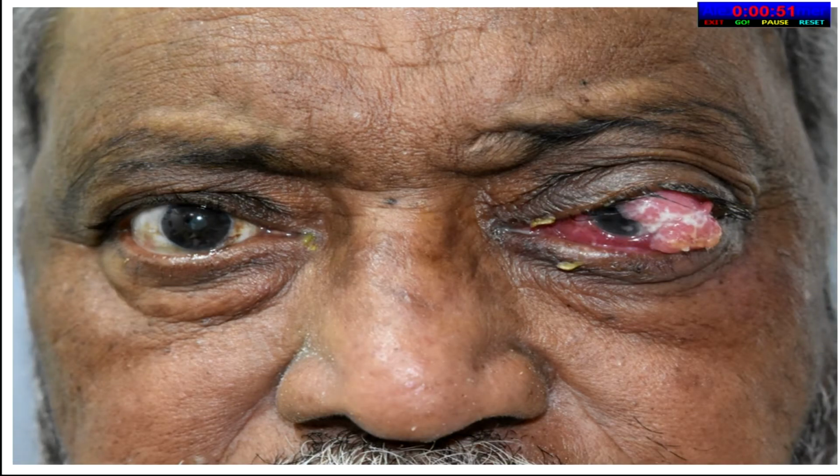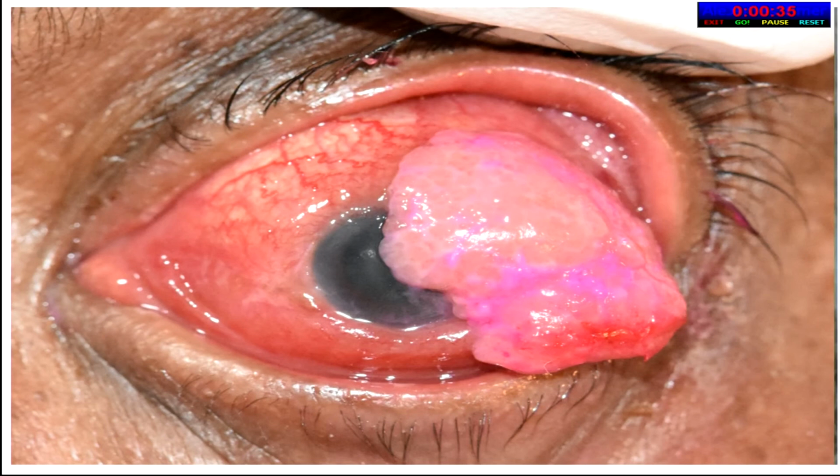We do see larger lesions, and these are most of the kind of diseases that we see in our part of the world because of unawareness of ocular oncology conditions. And this is a patient not immunocompromised, an old patient who's presenting with this large lesion. Taking a closer look, it in fact overrides the cornea. In these situations, you have to actually evaluate intraocular extension.